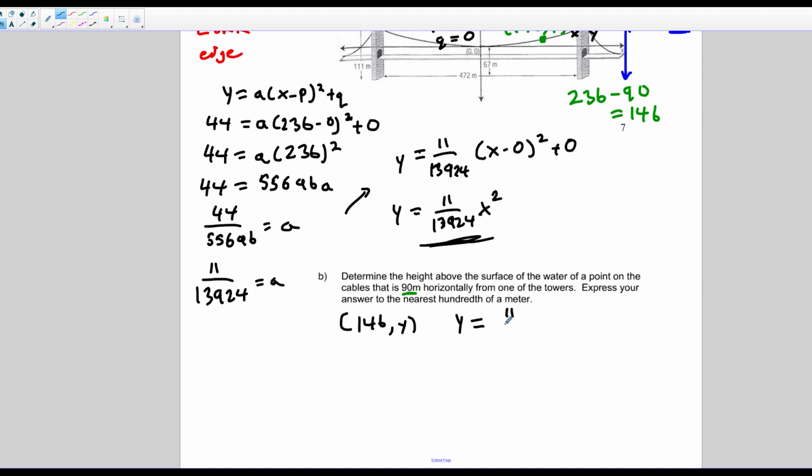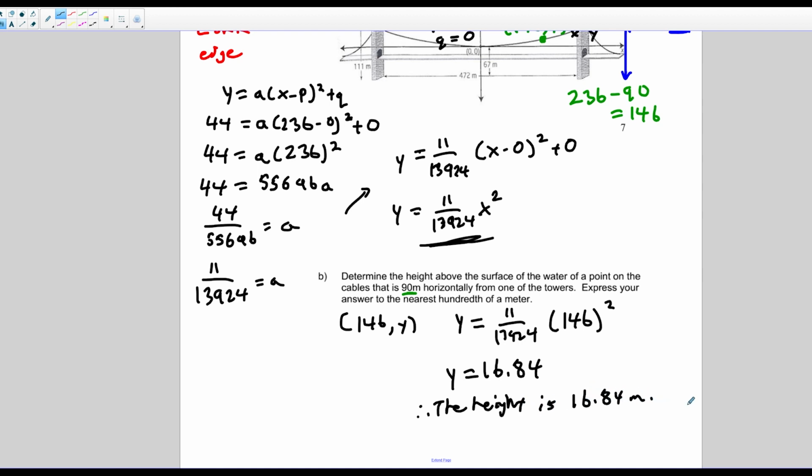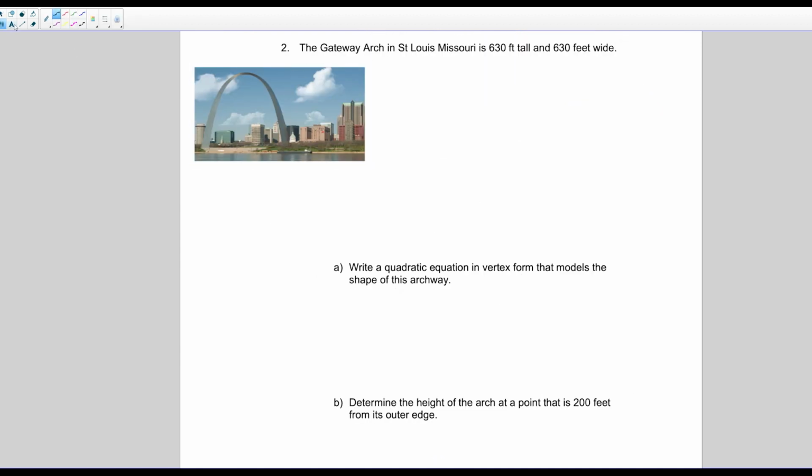So Y is equal to 11 over 13,924 times 146 squared. So we plug that in. I'm not going to write the entire thing down. We're going to plug that into our calculators, and we get about 16.84. Okay, so therefore we can state that the height is 16.84 meters.